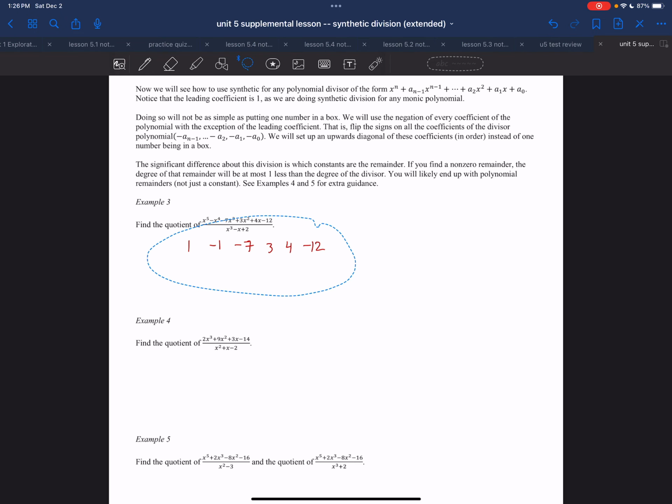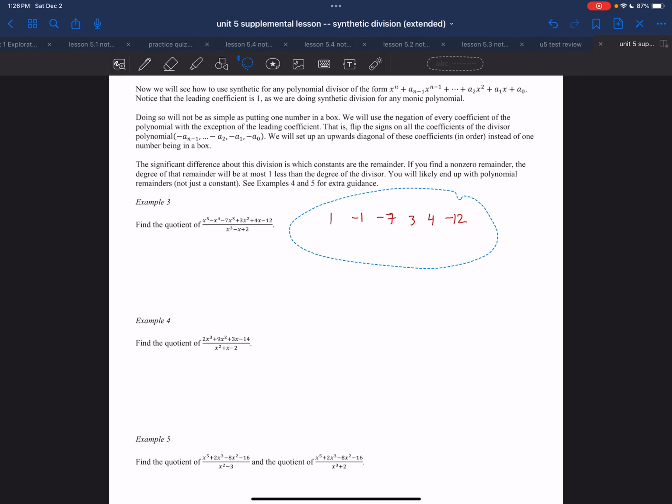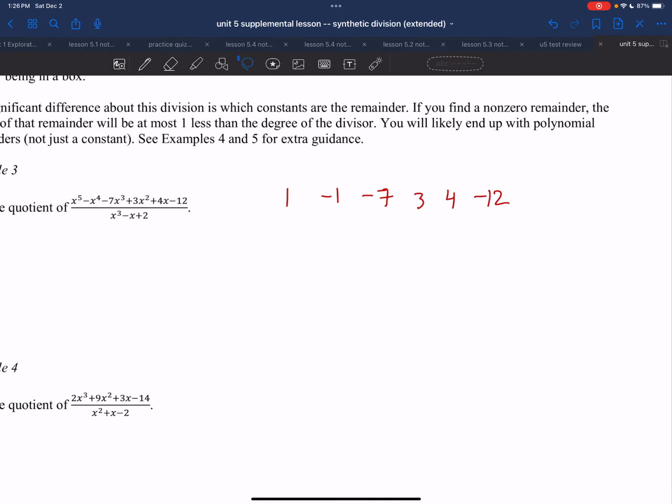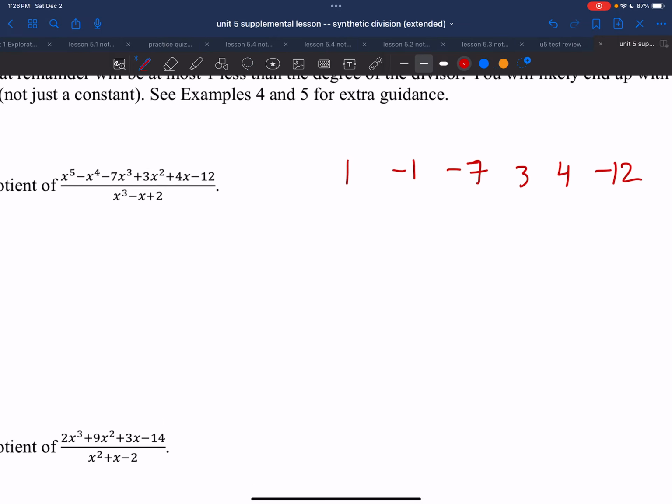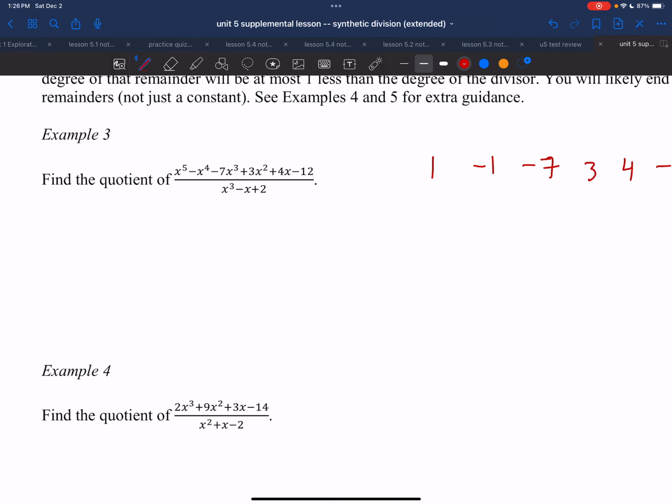I'm going to move that over even more. Let's use up some space here. Now, the divisor is x cubed plus 0x squared minus x plus 2. You're going to take all the coefficients. You're going to ignore this.